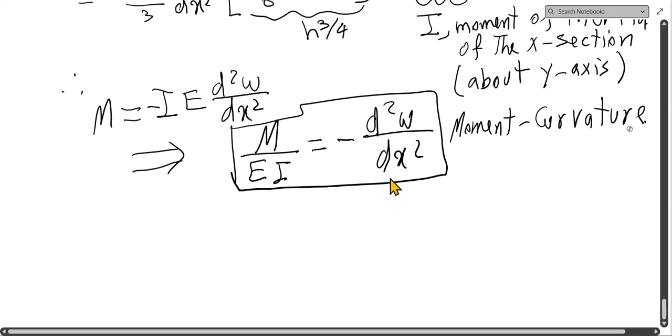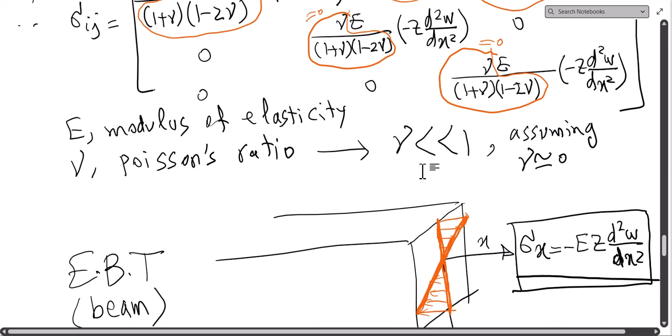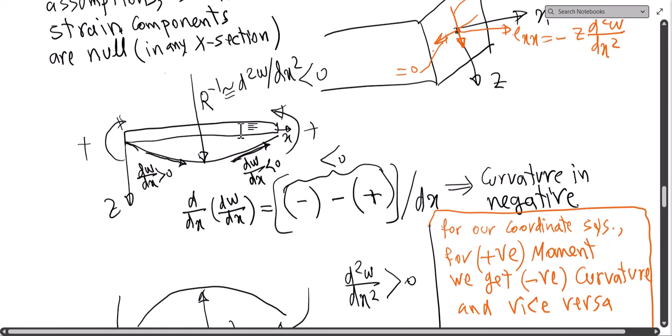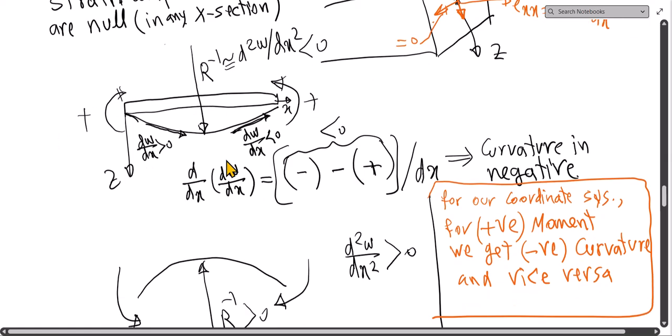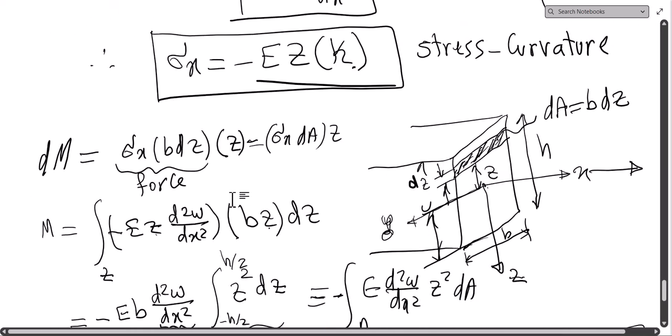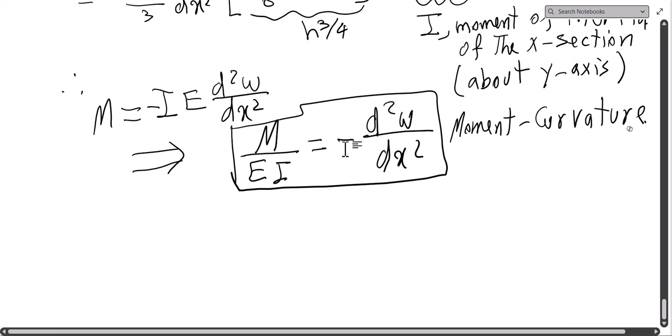Note here that this curvature, as we discussed before, for a positive moment you get a negative curvature, and for a negative moment you get a positive curvature. That is exactly why we get a negative sign here, based on our coordinate system.